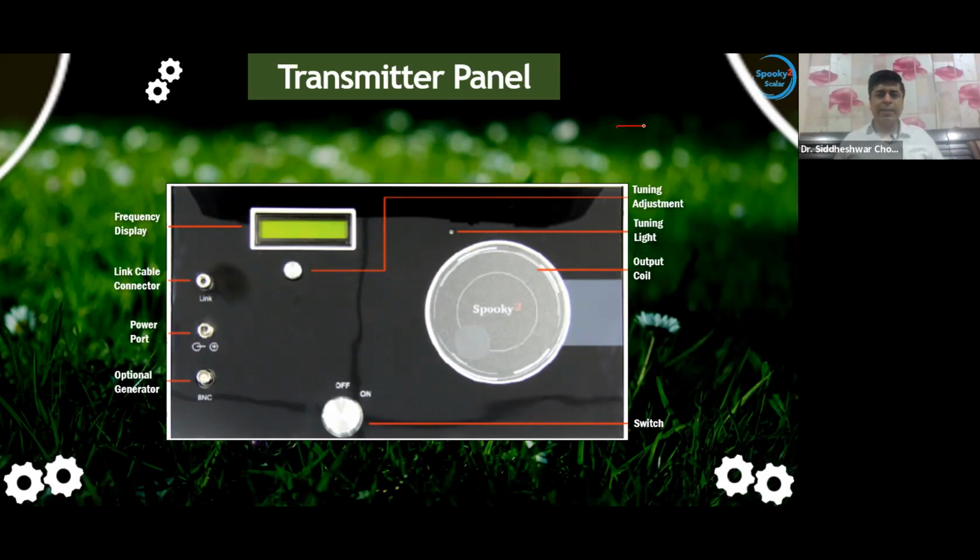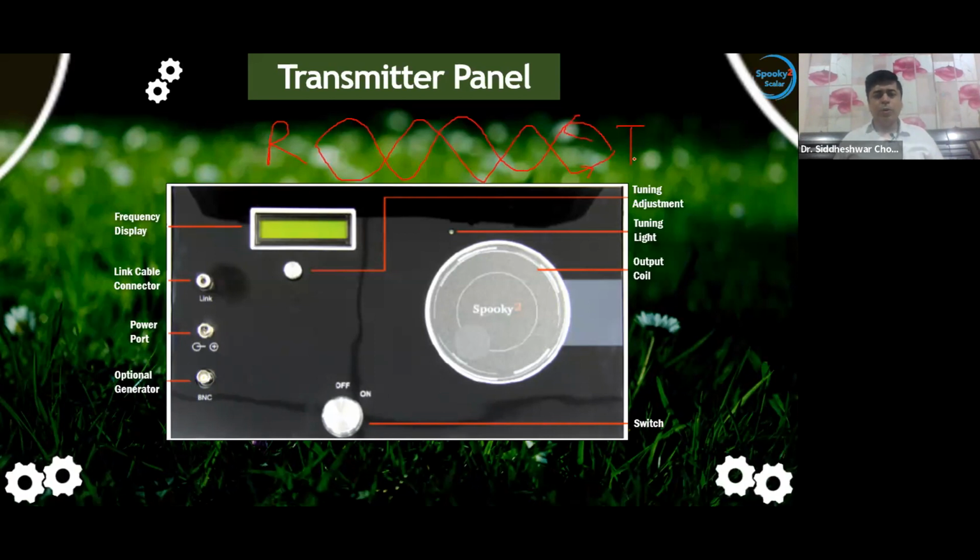As I said, this is the transmitter and this is the receiver. The transmitter is sending the signal to the receiver, and the receiver bounces back the same signal at the scalar tuning point, and there you have the scalar field.